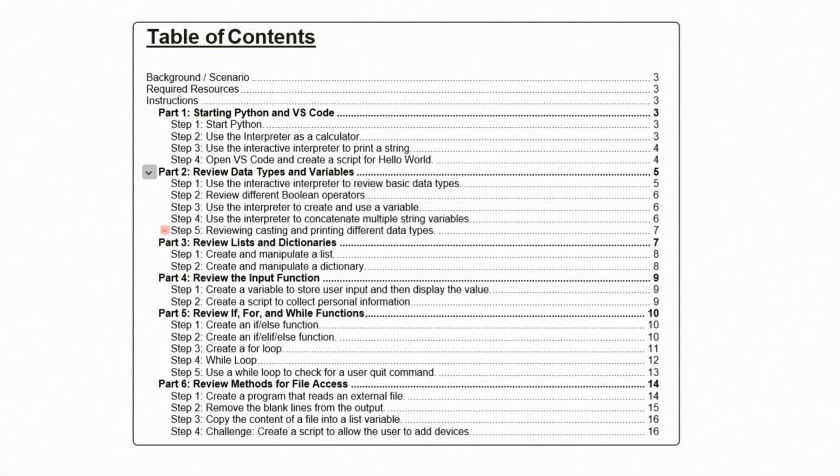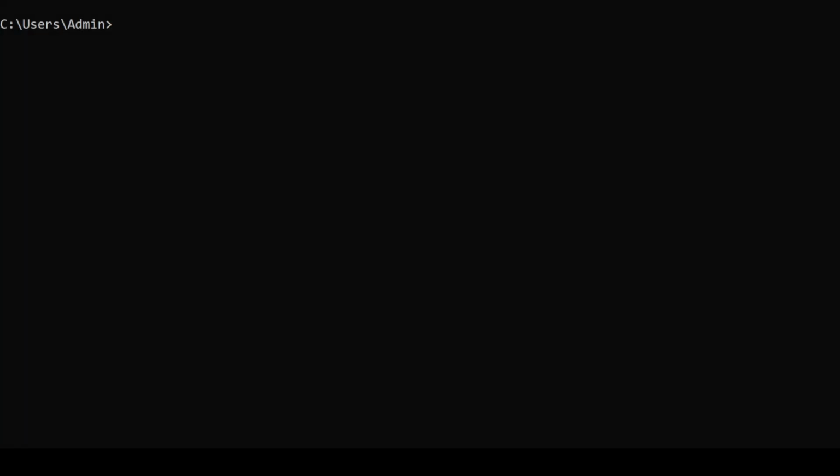Step 5. Reviewing, casting and printing different data types. A string and an integer, two different data types, cannot be concatenated together. Let's see what happens when we do so.